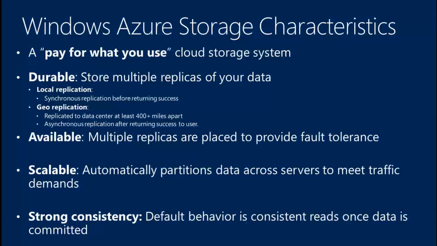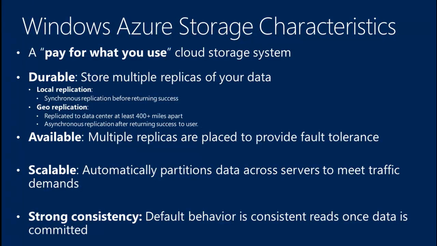So your 3 copies of your data will be in a different fault and upgrade domain. Now let's say this router goes down or this server literally sets on fire. At the same time, an upgrade goes up, and this guy isn't available, or his network stack or something happened. We still have a 3rd copy, and within minutes, we'll spin up that 2nd and 3rd copy again to re-meet that quorum for you. So we're durable and we're available.